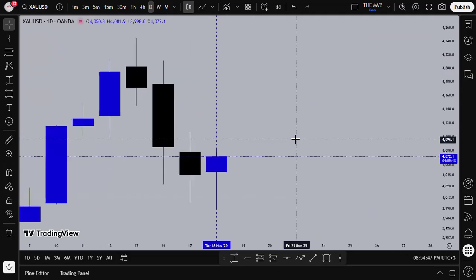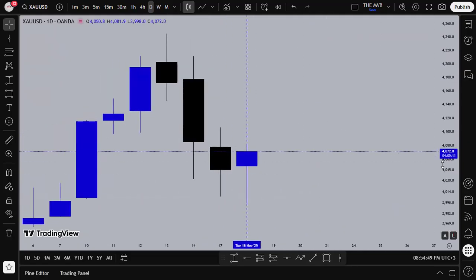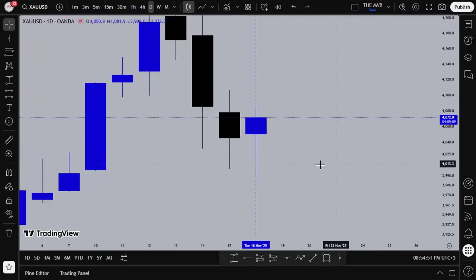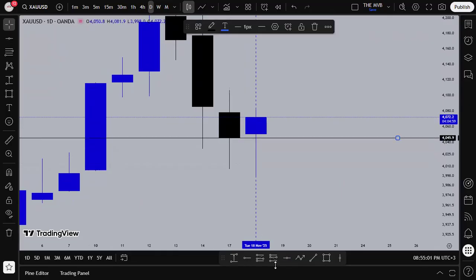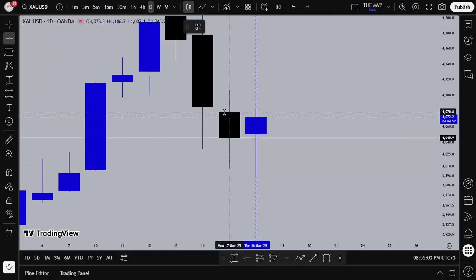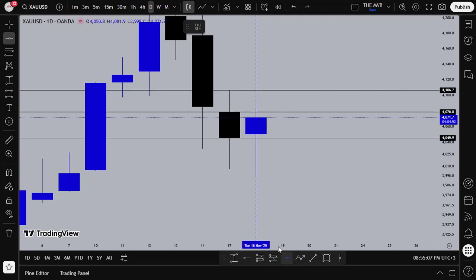So how did I mark them? Of course, I already taught it, but I'm going to also teach you how to mark it. So we mark all the highs and lows, the opening and closing. So we mark the closing and we mark the open, and of course we mark the high of the candle, and of course we mark the low of the candle.